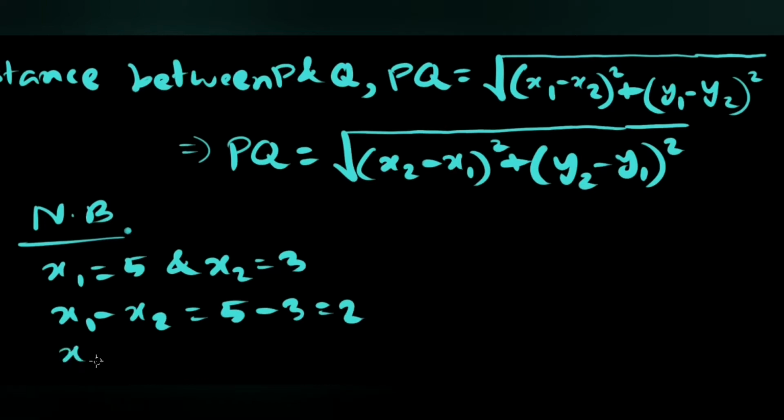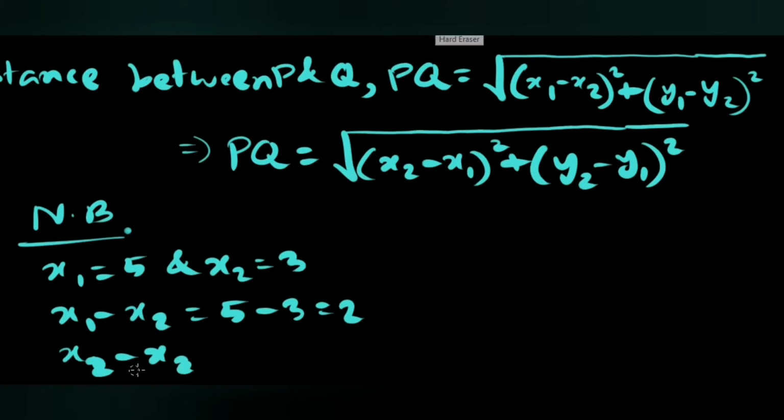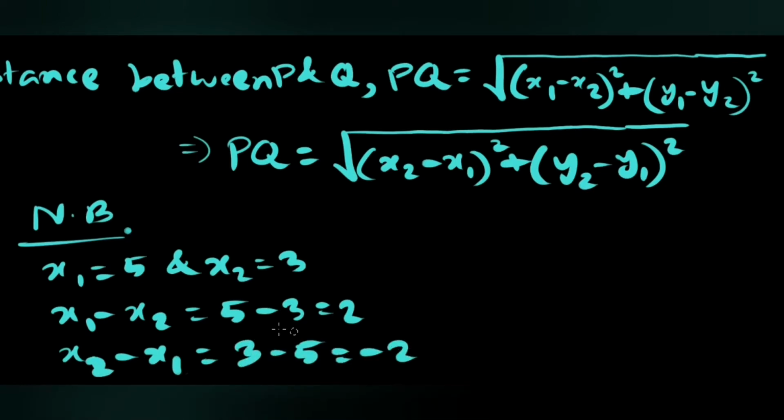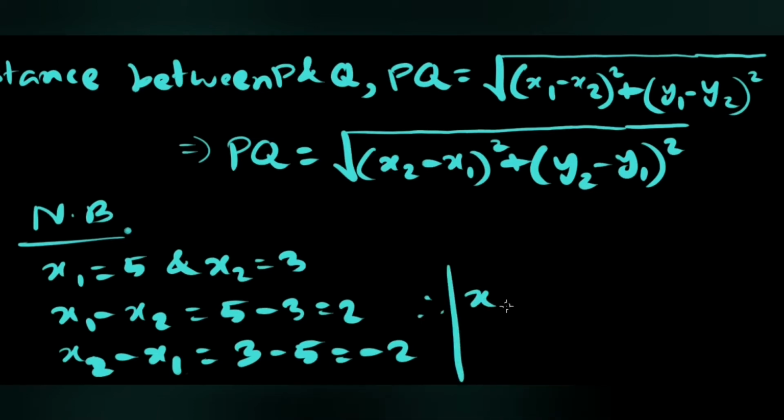Now if I ask you to subtract x1 from x2, it will be 3 minus 5, so minus 2. We can clearly see that x1 minus x2 and x2 minus x1 are not the same.